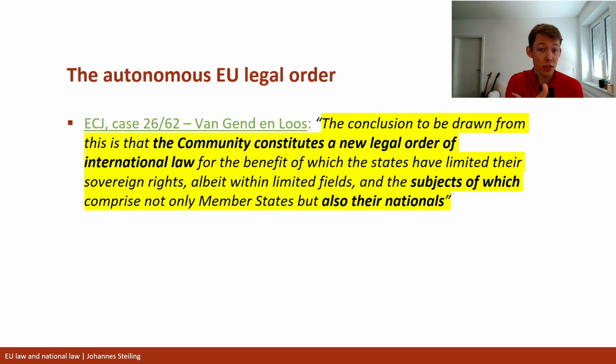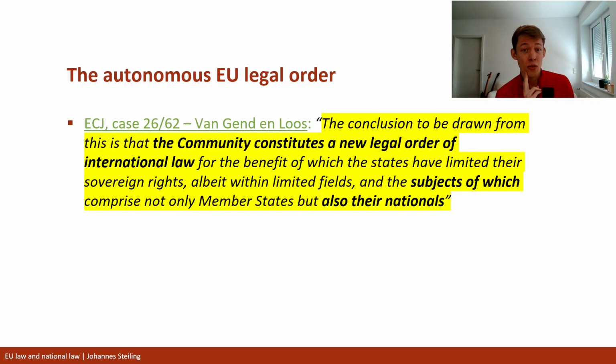And this is the difference to international law in general, which doesn't take effect in the national legal order until it is transposed. But the EU has this supranational element, it's above the member states, and it can create legal acts that directly apply in the national legal orders.